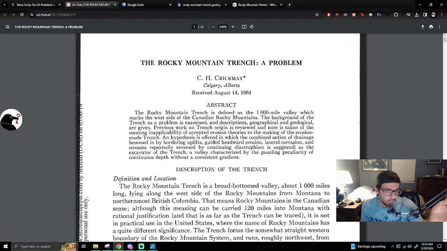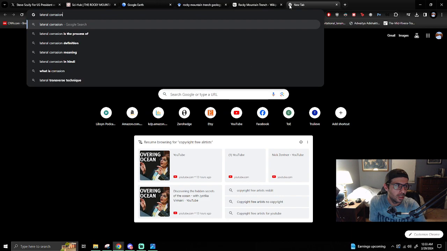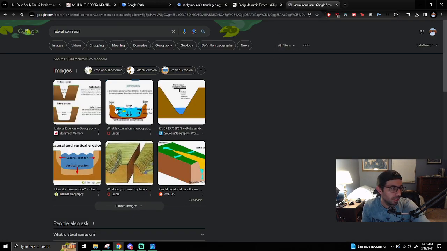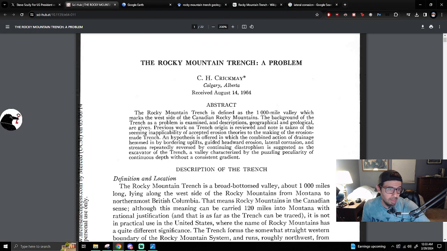Lateral corrasion, which, let's see what that is. I guess it's just sideways. We'll get into that when we reach it more in depth.